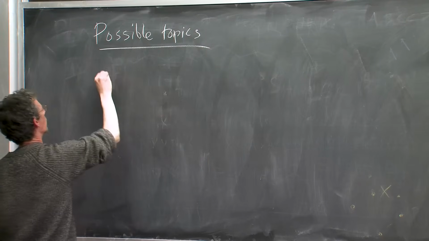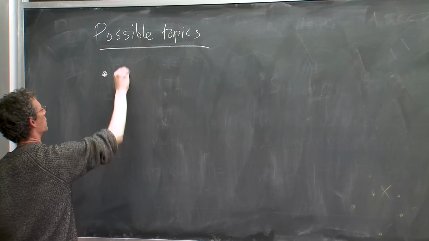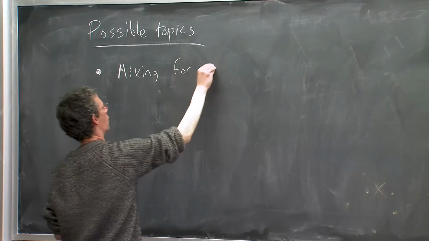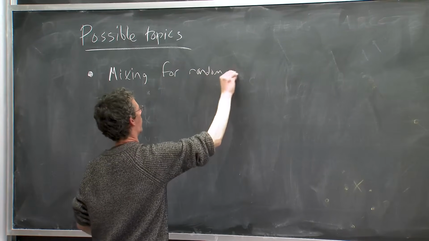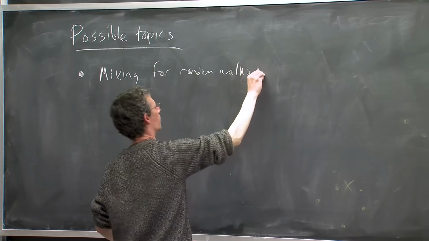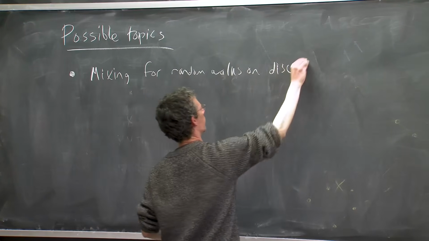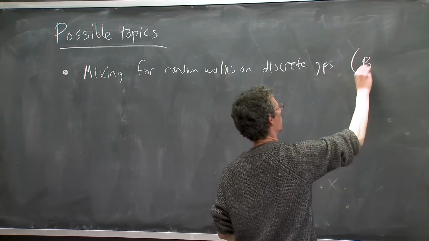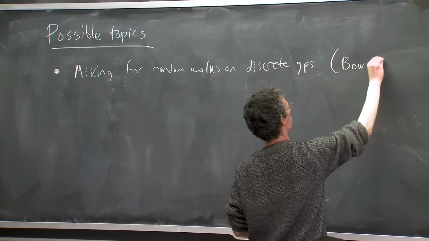So one topic is mixing or random walks on discrete groups. Some of the key names are Bourgain, Katz, Tao.